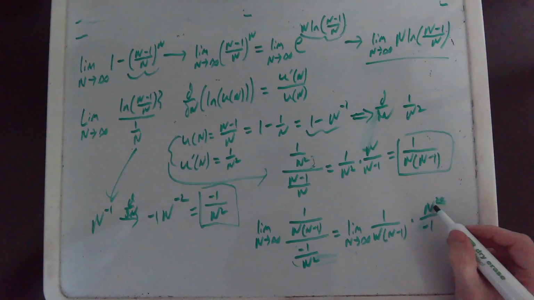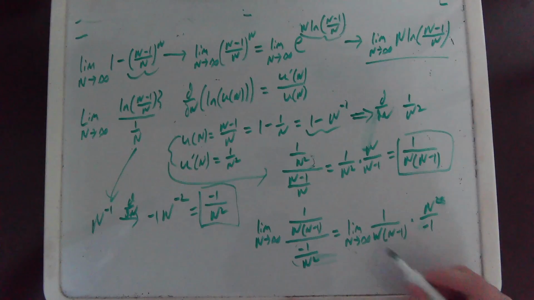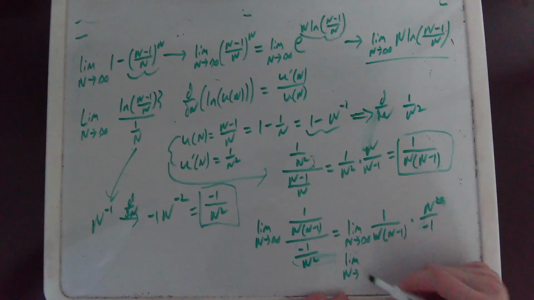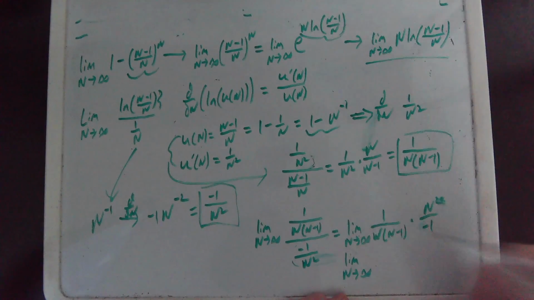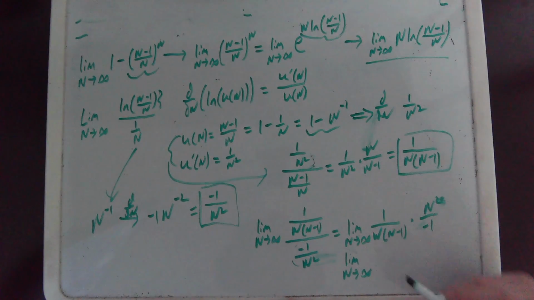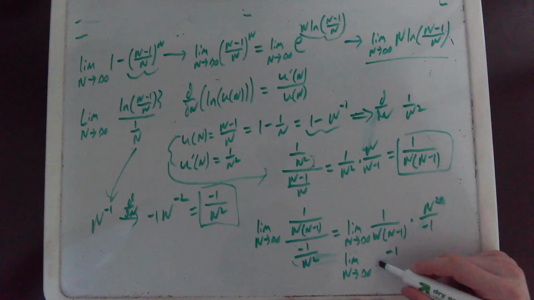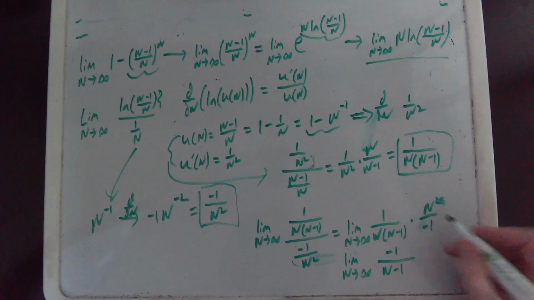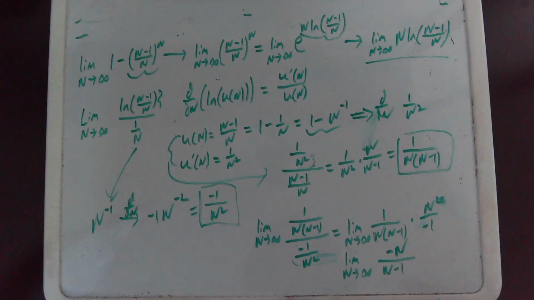Now one of these n's will cancel with this, and we'll have the limit as n approaches infinity. I'm just going to move this negative up here. Doesn't matter if it's numerator or denominator. Negative 1 over n minus 1. And whoops, we still have one n on the numerator, sorry. Okay, this looks good. So now we can try evaluating the limit.